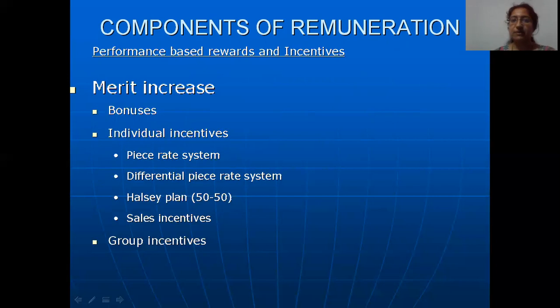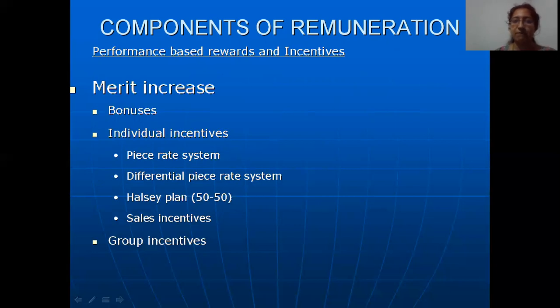Based on that, the supervisor will recommend whether he is eligible for an increase in his pay. Normally, what many companies adopt, for an average performance which the employee has delivered, is somewhere about 5% to 10%.